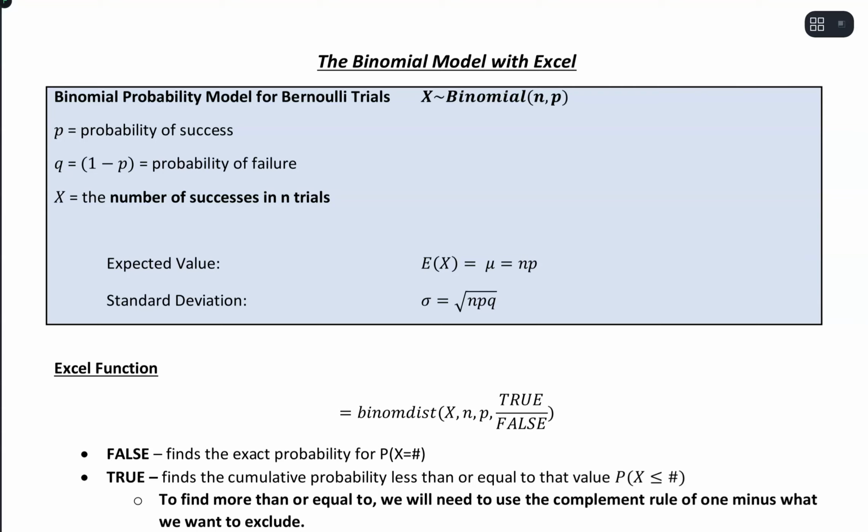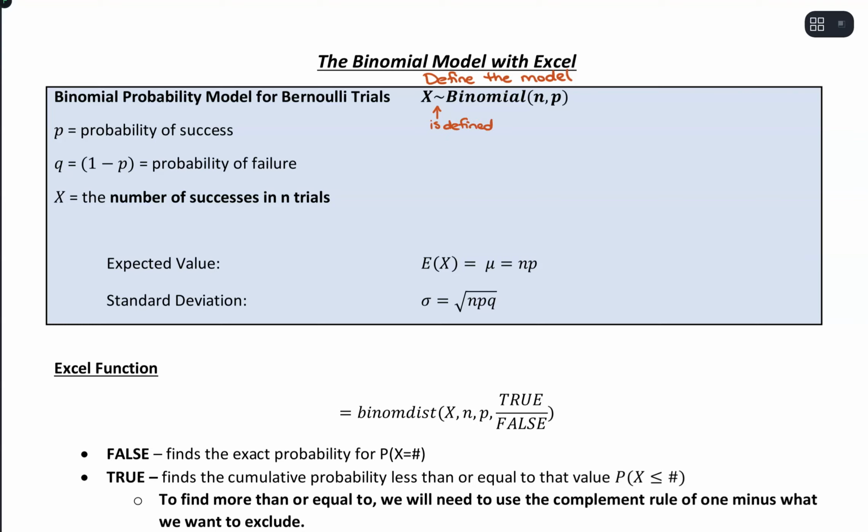So the setup of our binomial probability distribution is going to be defined by a few pieces. This is our definition up here. To define the model, we write out capital X. That's our random variable that we're working with. So we have X, and then that squiggle line to say is defined by.